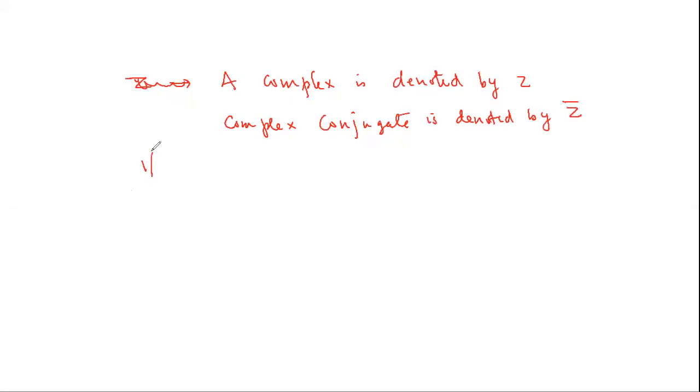What can you say if Z bar and Z are equal? What should be Z? If Z bar is minus Z, then what should be Z? I'm asking a logical question.